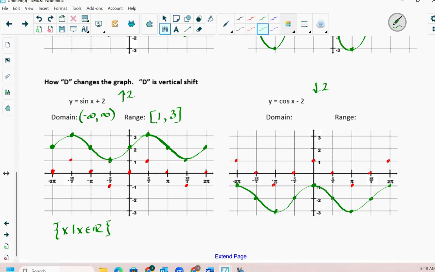Okay, and that's what it should look like at the end. You getting there? Domain and range. Domain, all real numbers, negative infinity to infinity. Your range this time is negative 3 to negative 1.